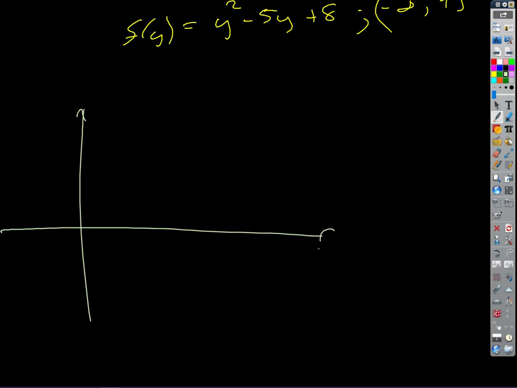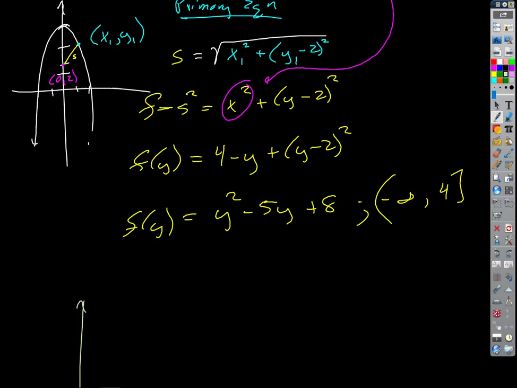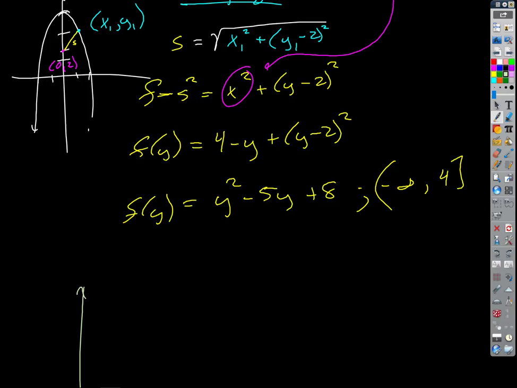Try to tell me, what's it going to look like? So we're looking at distance. You can probably get a pretty good idea. At y equals 4, it's going to have a value that's not the closest, but it's not horribly far away.